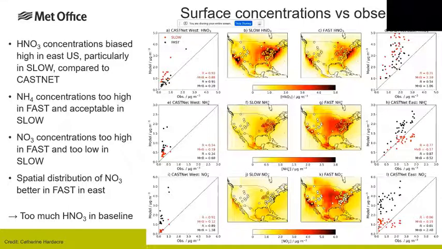I guess the big result is on the bottom right, where you can see that the fine mode nitrate concentrations are of a decent magnitude in slow and a factor of 2 or 3 too high in fast, but the spatial correlation is better in the fast simulation. There does appear to be too much nitric acid in the baseline simulation, and this may be due to the underlying chemistry.